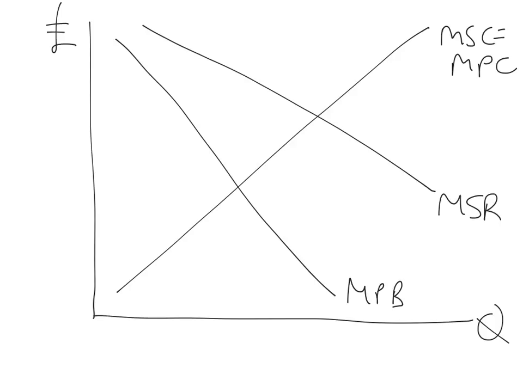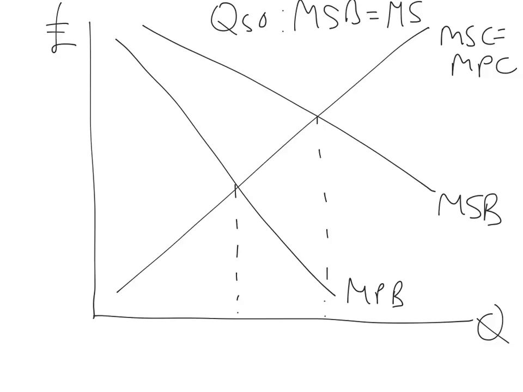So the distance between those two lines, social benefit and private benefit, is the external benefit. So we can put a couple of equilibriums in, and if we remember that QSO is the quantity that is socially optimal, and that happens when the social benefit to society is the same as the social cost. And that happens here at QSO.